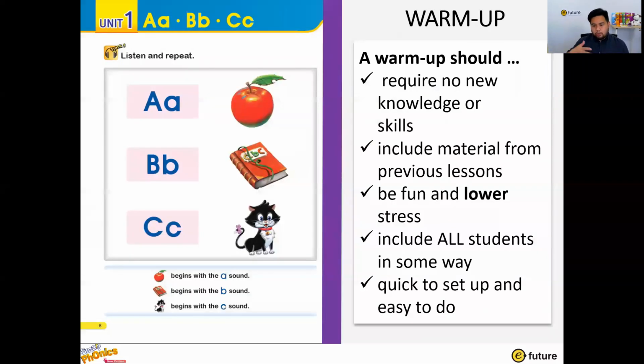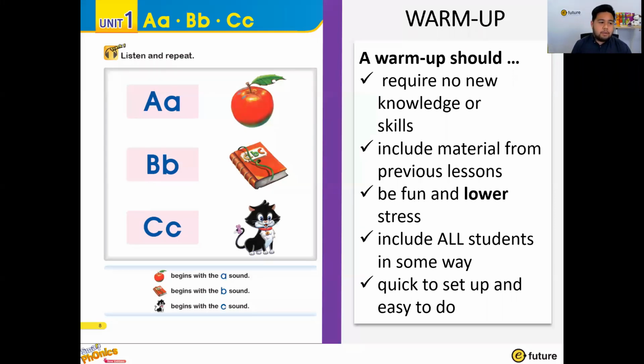Reiterating in more of a phonics setting, how we can focus on warm-up and background knowledge. So why is it important? What should a warm-up do? The warm-up, hopefully, is the first thing that you do in your lesson.